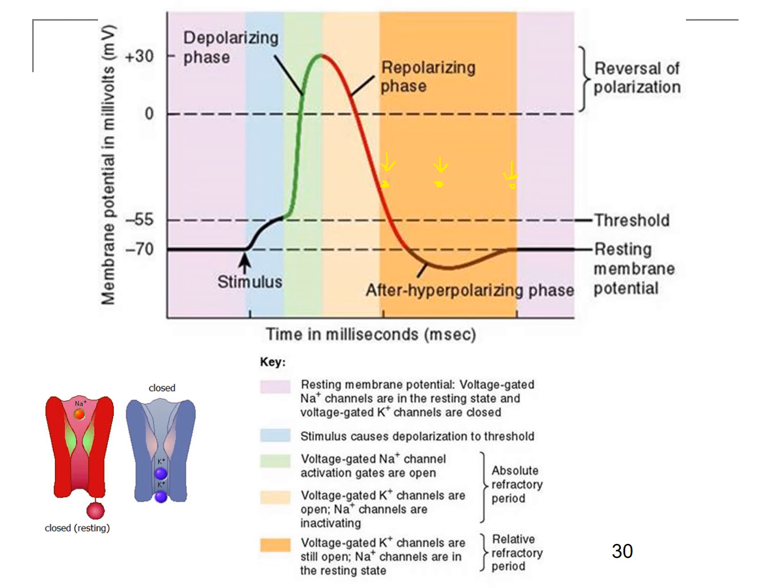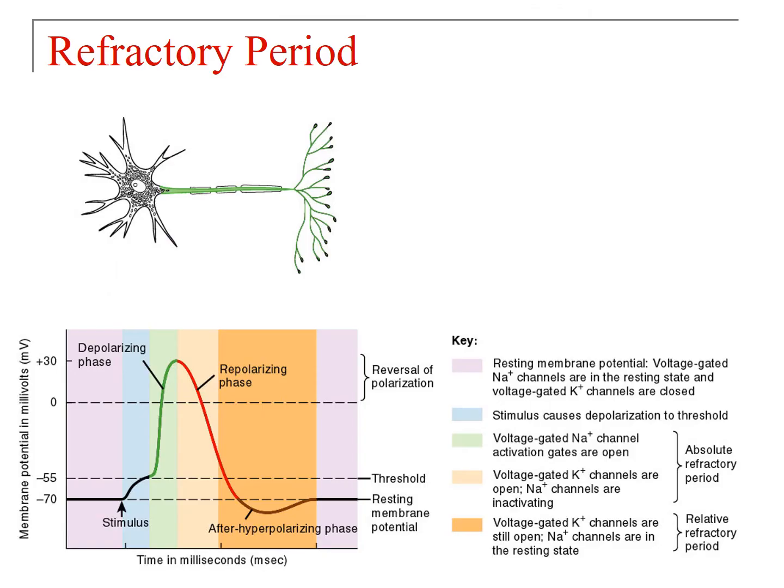Okay, so the further that you go along in the relative refractory period, the easier it becomes to start a second action potential until you hit this resting potential phase again, at which point a normal stimulus can start it. So here's our summary.